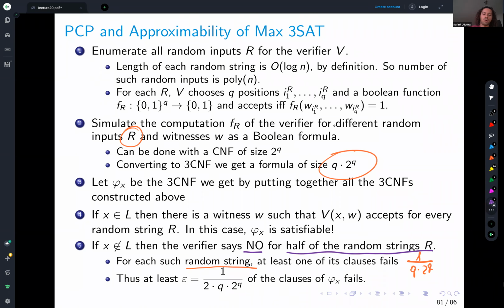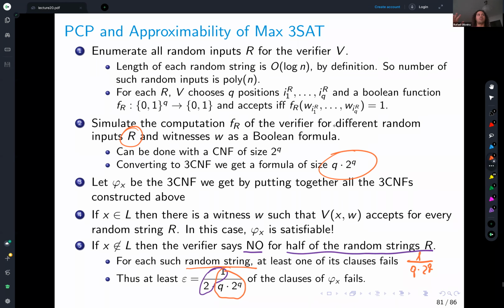Well, it's 1/2 for the fraction of random strings that fail, and for each one that fails, at least this fraction of clauses are failing. So we know that at least this many clauses fail. So we can take epsilon to be 1 over 2 times Q times 2 to the Q, which is a constant. Does that make sense?